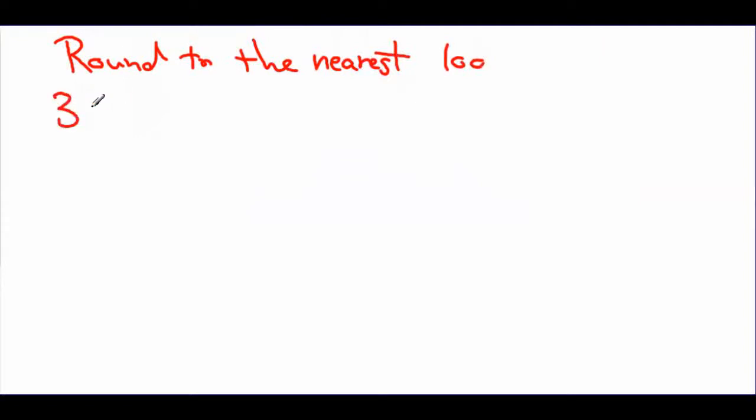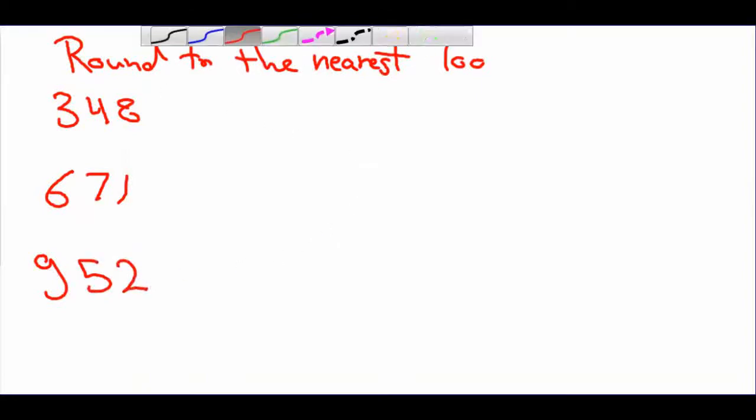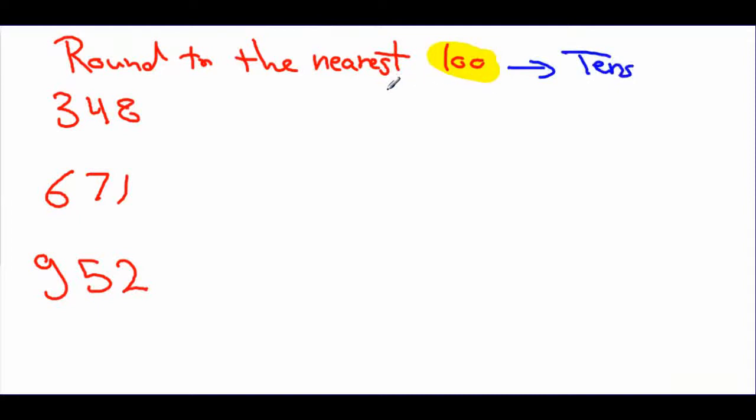Let's round to the nearest 100. I have some examples like 348, 671, and 952. When I round to the nearest 100, I will look at the tens place, and I should figure out if the tens place is a strong number or a weak number.